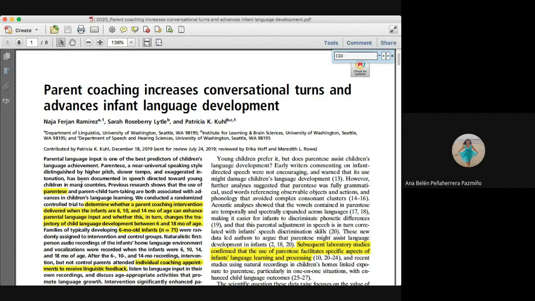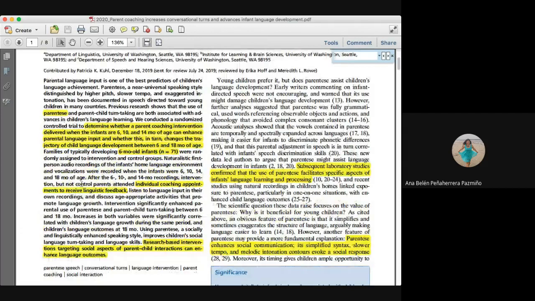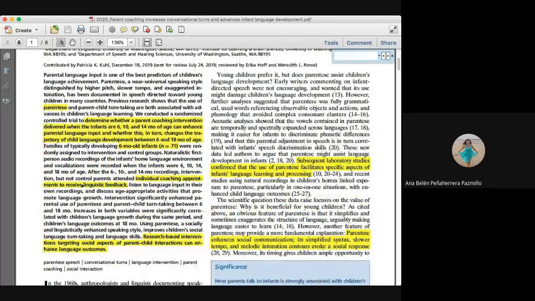Here, the researchers studied 79 families, and their hypothesis was to assess if a parent coaching intervention delivered at 6, 10, and 14 months would make a difference in the development of the baby's language.